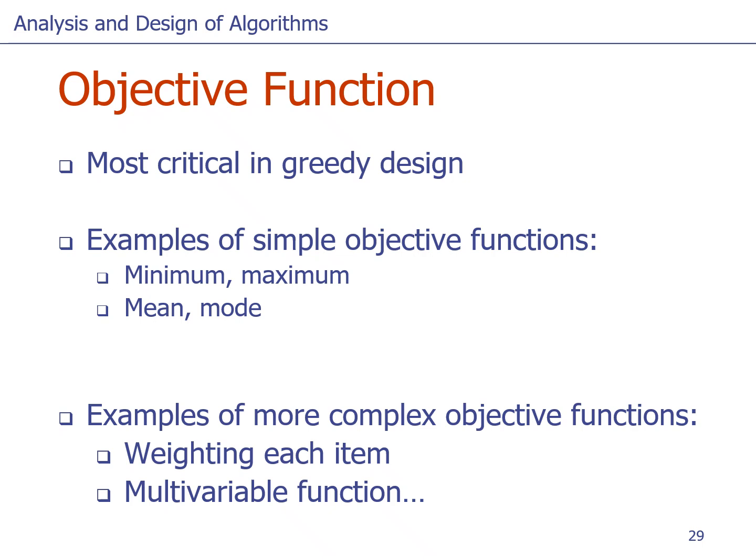Okay. So I will come to this point shortly again, but what I want you to remember is that objective functions are mathematical functions that you pass the data items to, and it picks one of them and says, okay, I'm going to choose this now. And we say this is a greedy approach because any specific decision we make is based on what we currently have and what the objective function is telling us.